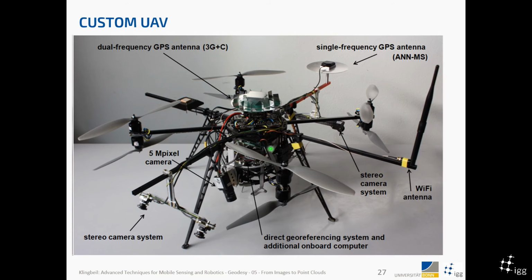That is mainly a GNSS IMU unit, which was responsible for generating the position and orientation of the whole thing in real time. And then there is a camera here, which was used to reconstruct the environment. This was the actual measurement sensor, an industrial camera with 5 megapixels.